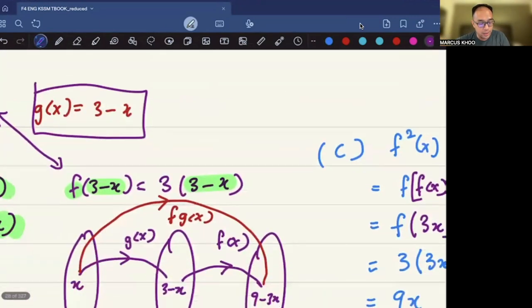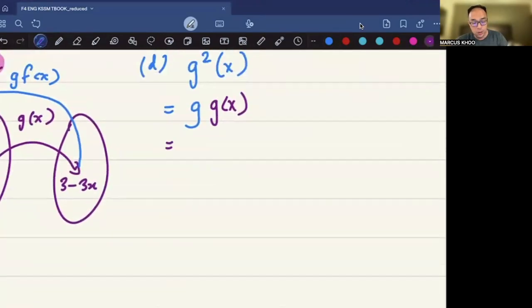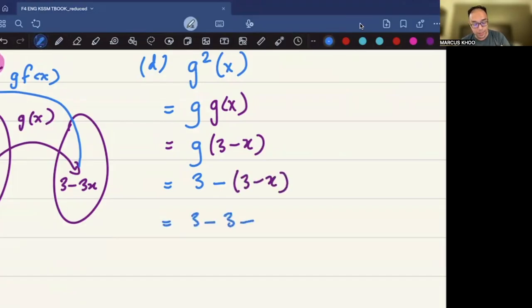My original GX is 3 minus X. Now my object has become 3 minus X, but my function is still the same, 3 minus X also. So this will give me 3 minus, then I put my object in, which is 3 minus X. This will give me 3 minus 3 plus X, which will just give you X.